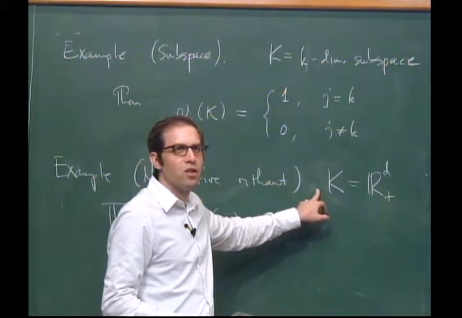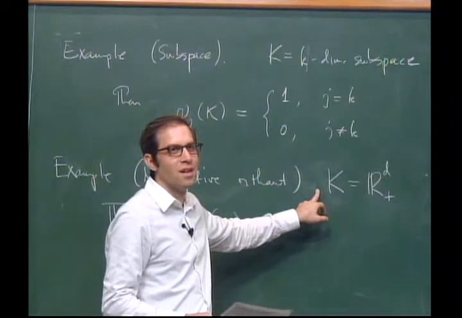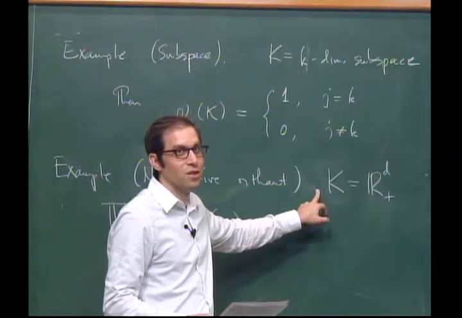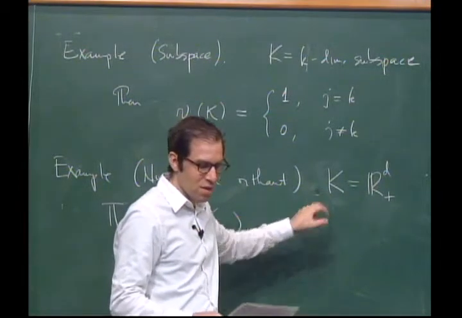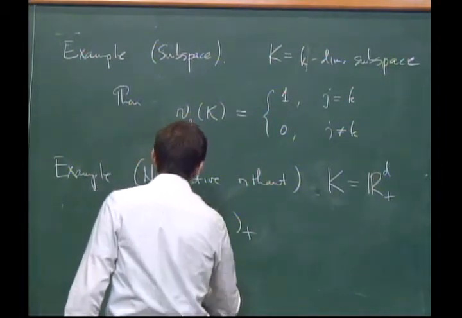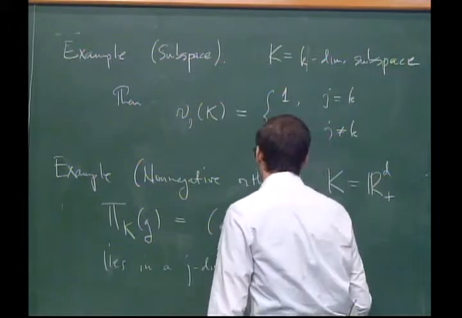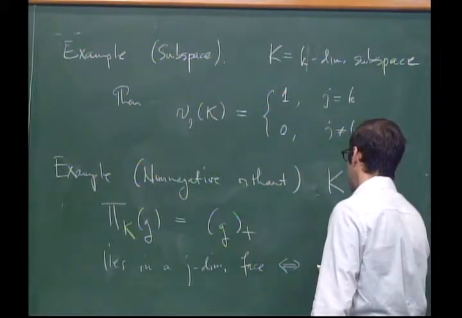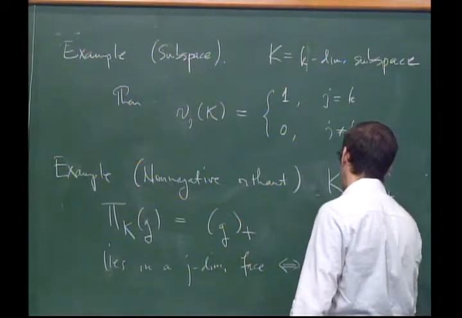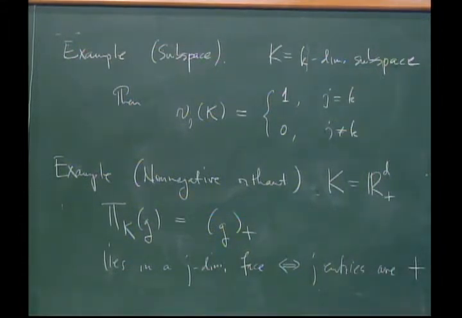Well, the J-dimensional faces are the places where exactly D minus J entries are positive. Okay? So, this lies in a J-dimensional face if and only if, sorry, I got that backward. It's the other way. Lies in a J-dimensional face if and only if J entries are positive.